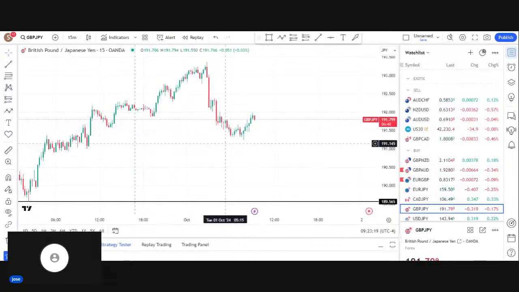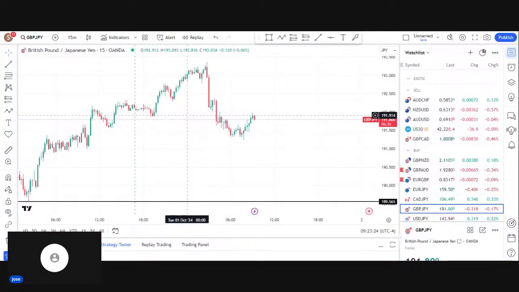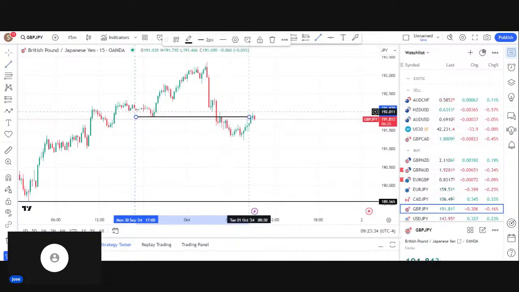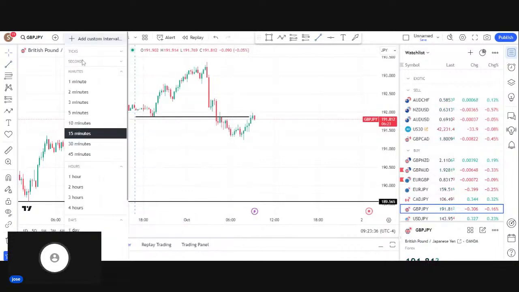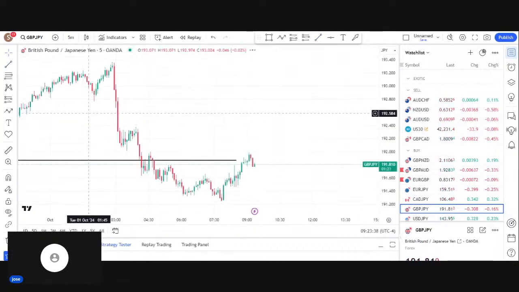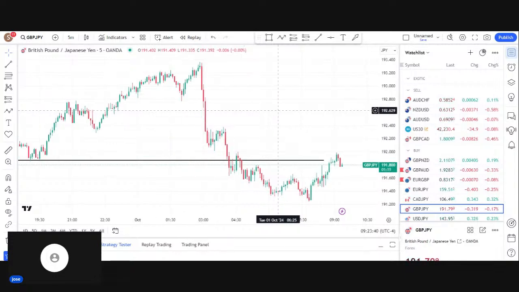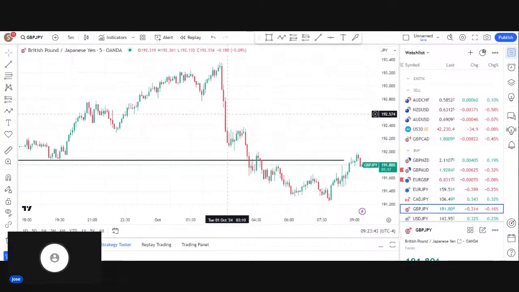So if you were to buy, were you buying up here? Because this being the low of the day, I'm curious where you could have bought.